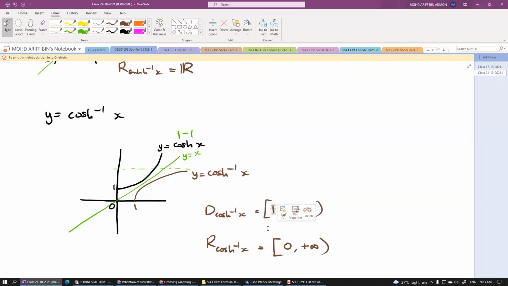So 0.5 you have to reject, otherwise you might get a wrong solution. They may penalize you 1 mark because you do not understand the domain and the range, where your inverse function is defined. When we say undefined, we cannot find the values.